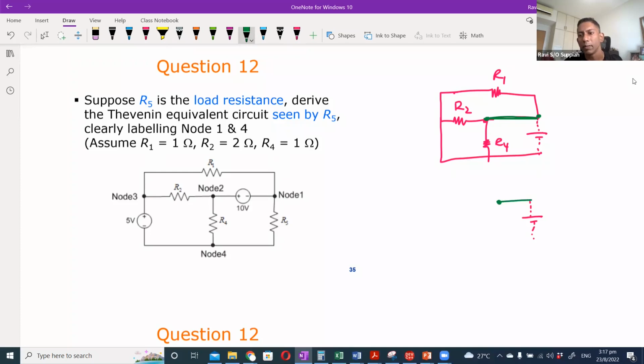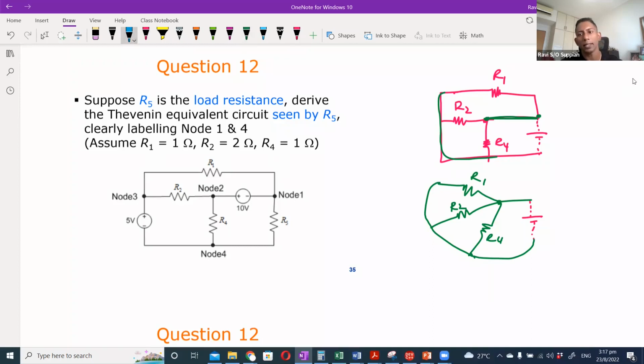I have a single branch where R1 comes out, R2 comes out, and R4 comes out. Then all three combine together, and all go back to the same point over here, which is part of the imaginary battery.